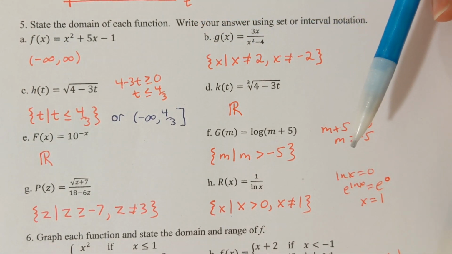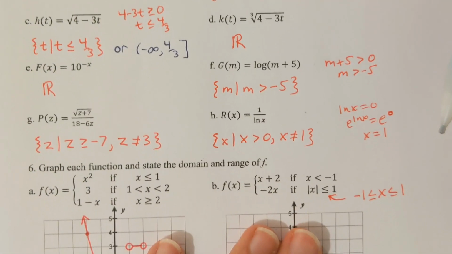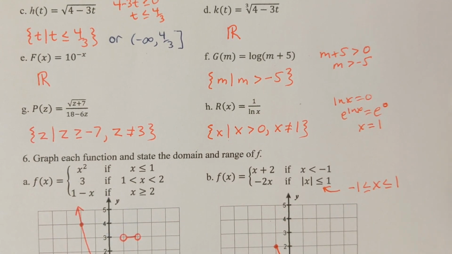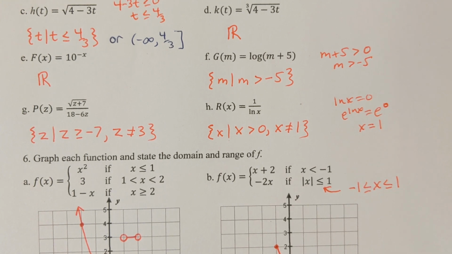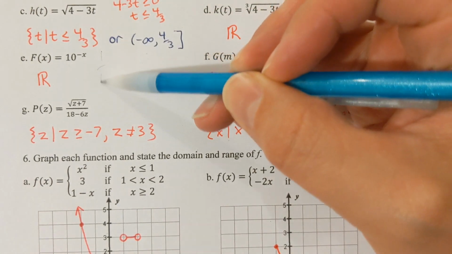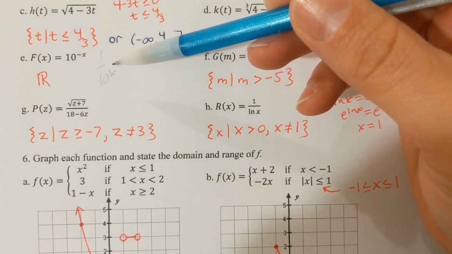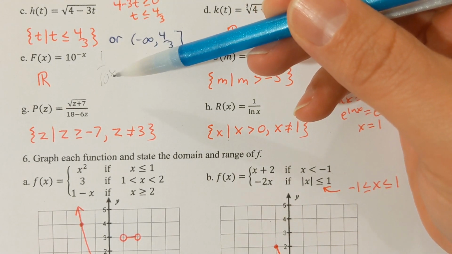Part E, I've got an exponential function, f of x equal 10 to the negative x. Well, that's the same as 1 over 10 to the x. x is in the power, and no matter what x is, if I were to look at this as 1 over 10 to the x, of course, the next obvious question is can x be anything that's going to return 0 in the denominator?